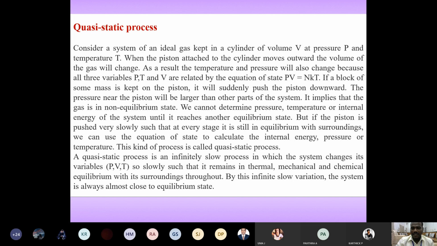By this infinitely slow variation, the system is always almost close to an equilibrium state. So the equilibrium state and quasi-static process are linked together. If you want a process to be quasi-static, the system at each and every point should be under equilibrium condition, right?